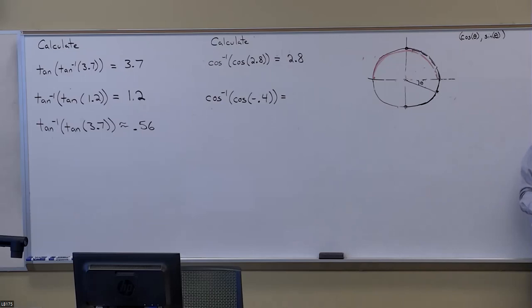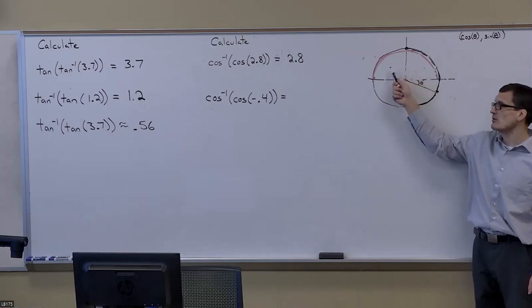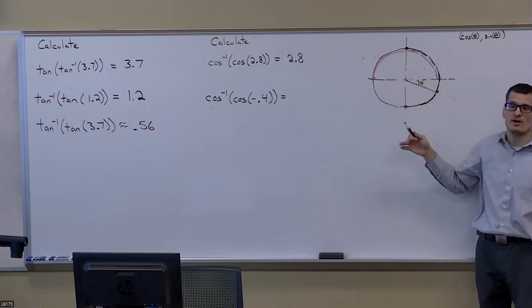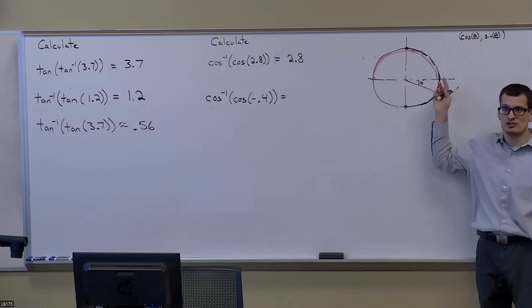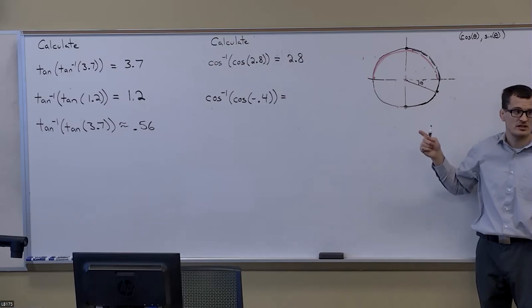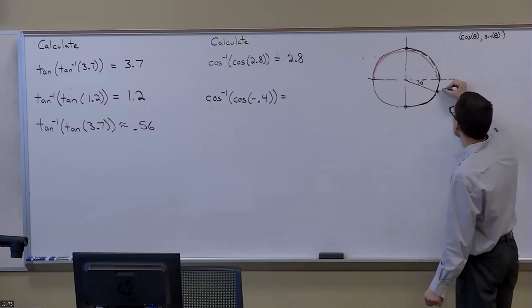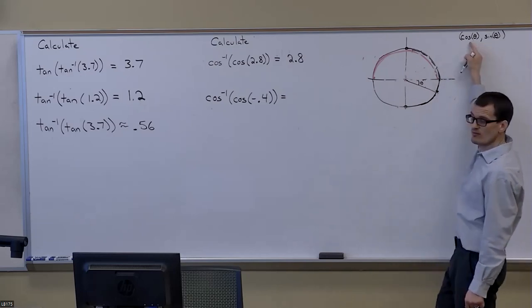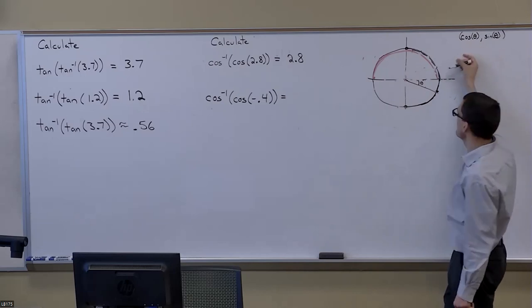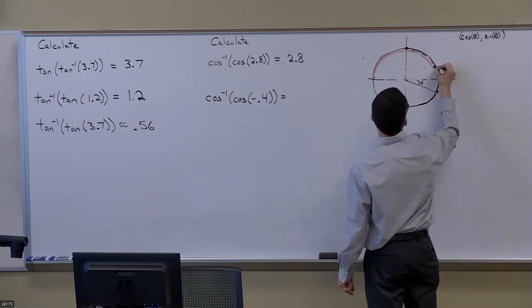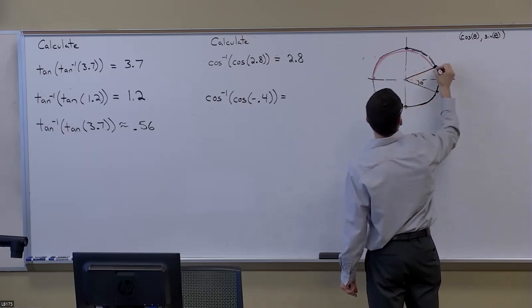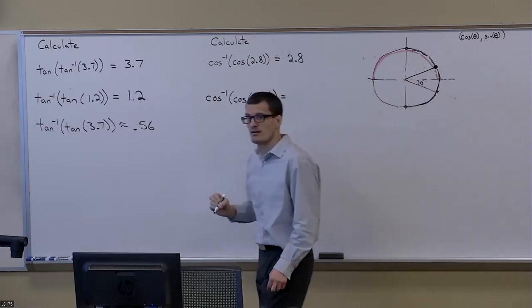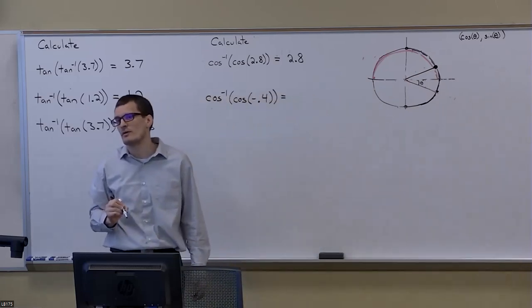The cosine inverse is going to either put us in quadrant 1 or 2. And by the way, for tangent, it has to be the same ratio, so it's going to put you in the diagonal quadrant. For cosine, it needs to be the same first coordinate. So cosine should put me here. That makes sense?